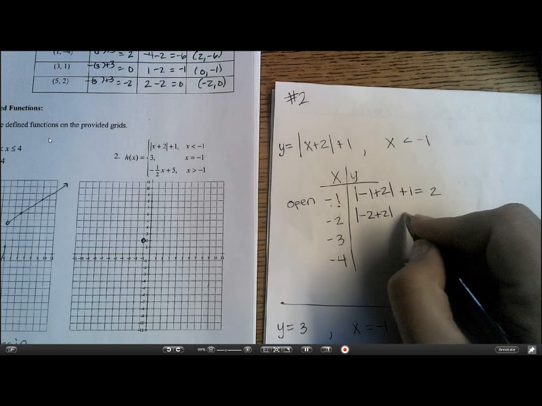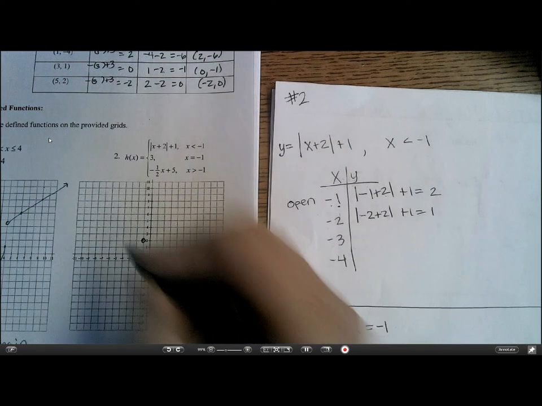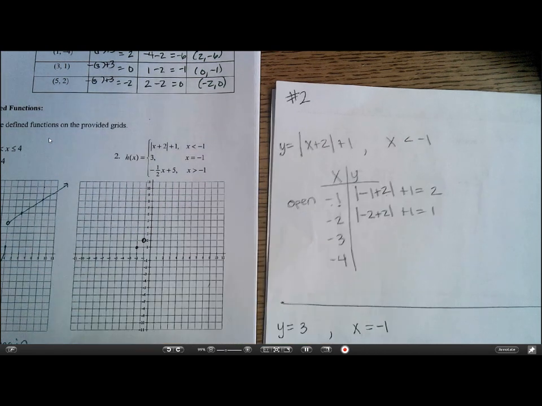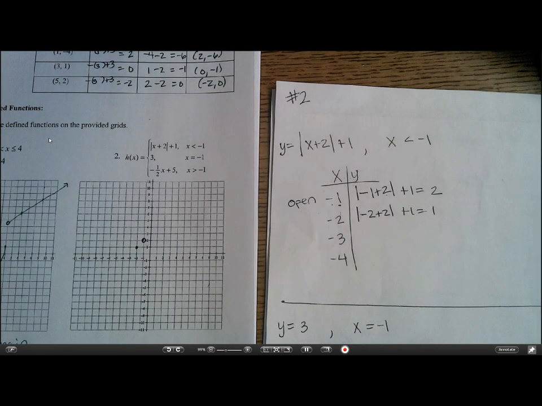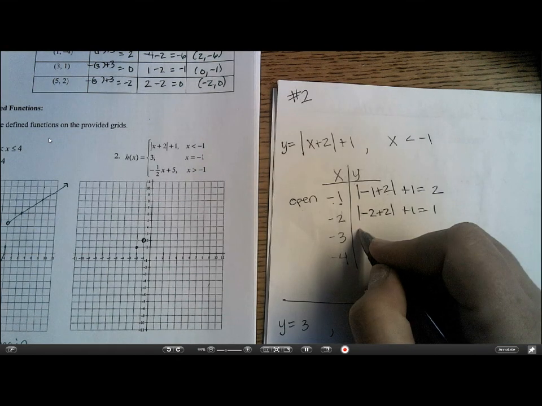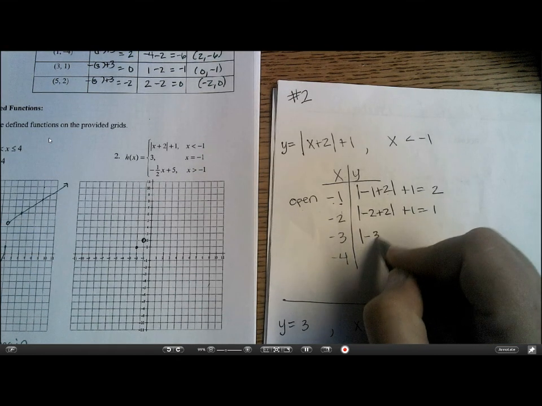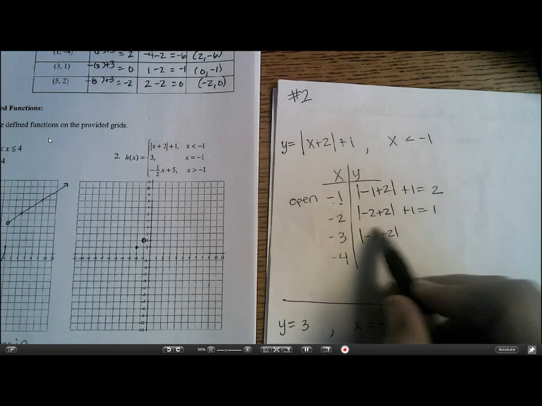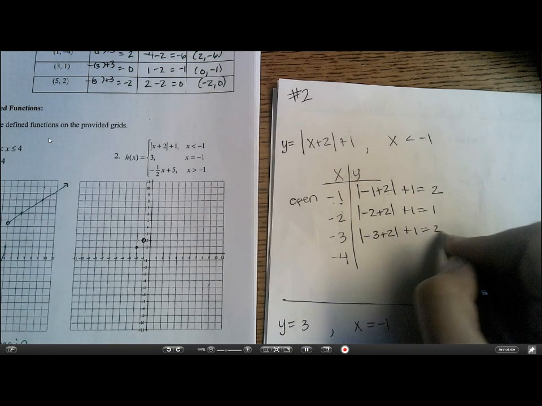Absolute value of 0, 0 plus 1 is 1. Now we're going to plug in -3. So we got -3 plus 2 is -1, which gives us 1 plus 1 is 2.